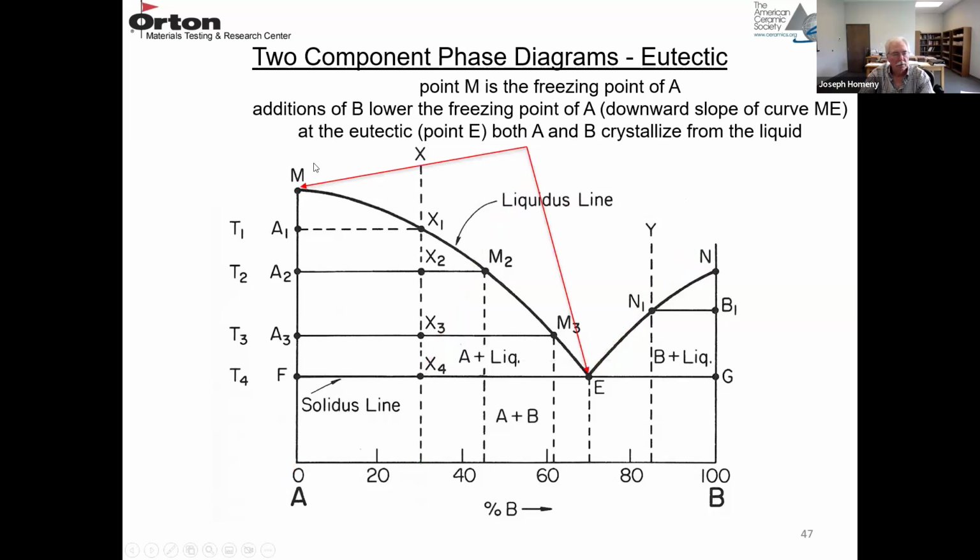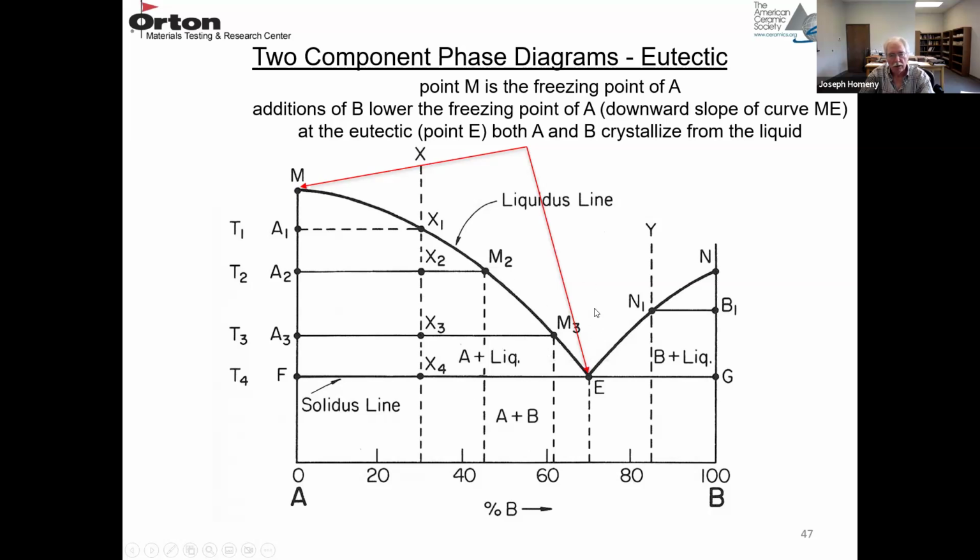So this point M is the freezing point for A, or it's also the melting point for A. So as we add more component B, we're going down this curve here, this liquidus curve. So additions of B lower the freezing point of A. So we have a downward slope on this liquidus curve going from M to E. E is the eutectic point.